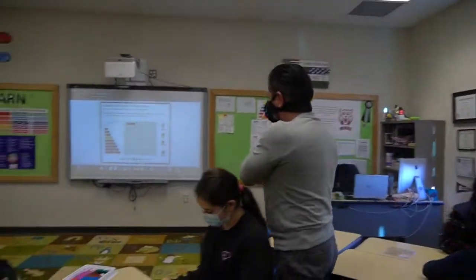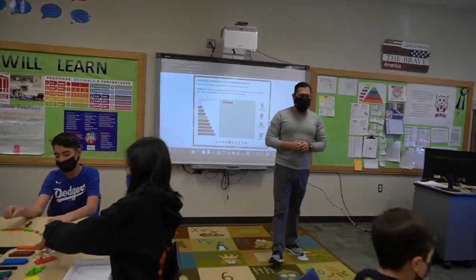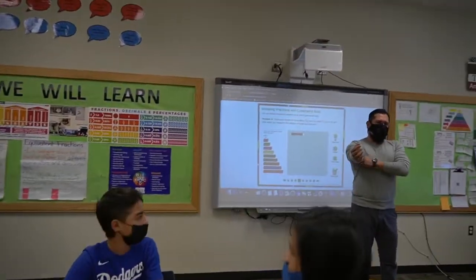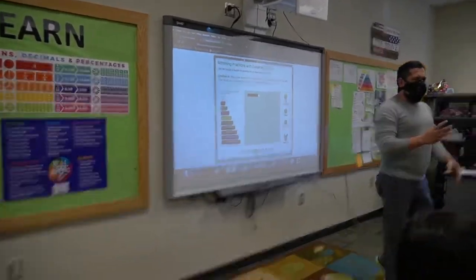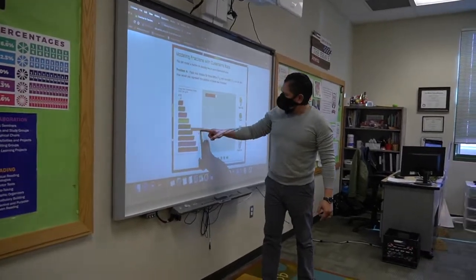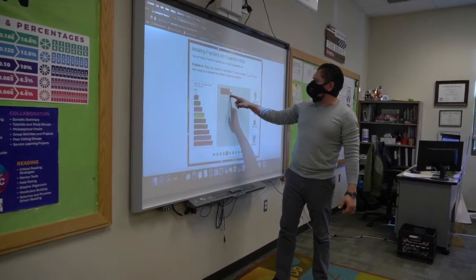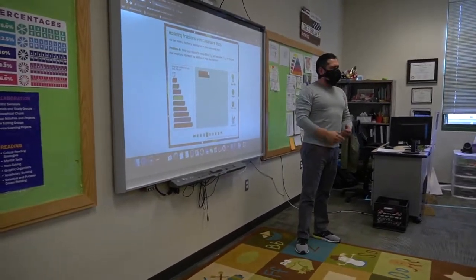Okay. 1, 2, 3, all eyes on me. 1, 2, eyes on you. Okay, so I heard that some teams noticed that the black rod had the same length as 3/5 and 1/10, right?